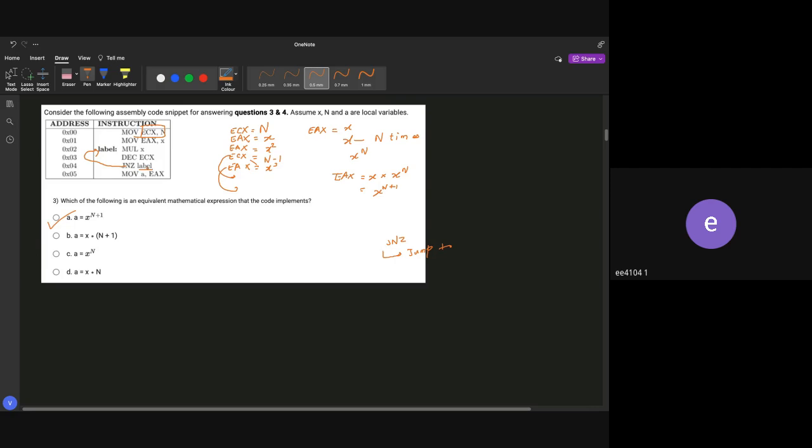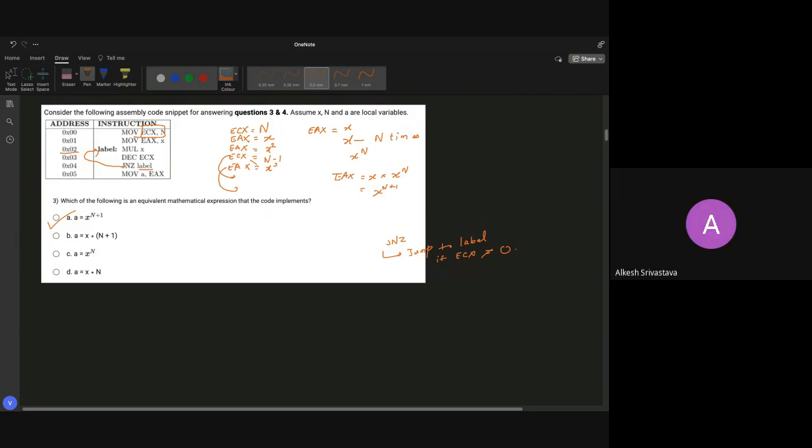So this label corresponds to this particular address, this 0x02. Okay. So it will jump to the label if ECX is not equal to 0. So once it equals 0, it will not follow this. It will move to the next part. Okay. Is it clear now?